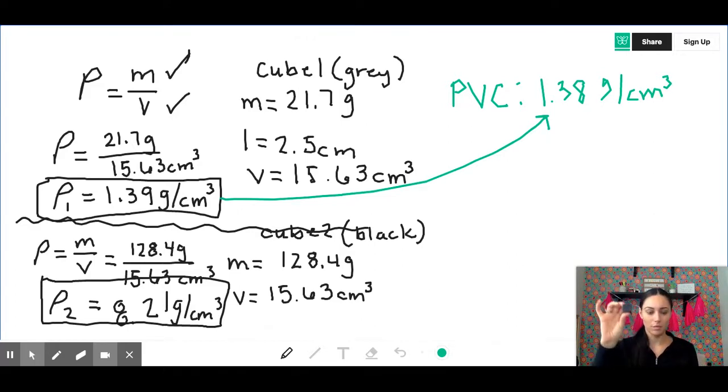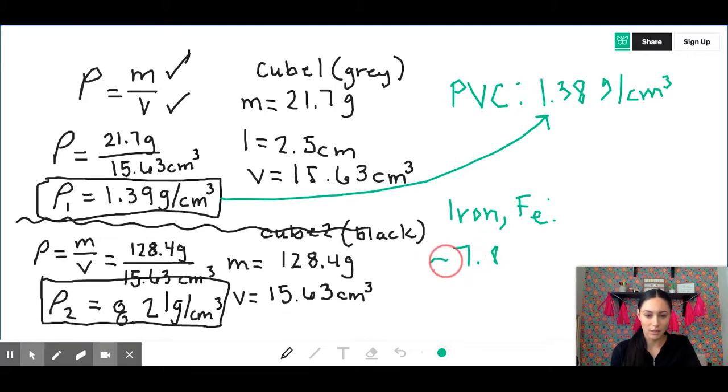Our second cube, cube 2, which was our darker, heavier cube, is actually made of iron, which is an element you may have seen as we studied the periodic table, has the symbol of Fe. Now, if you were to look up the density of iron, you would get a value somewhere in the range of 7.8 grams per cubic centimeter.